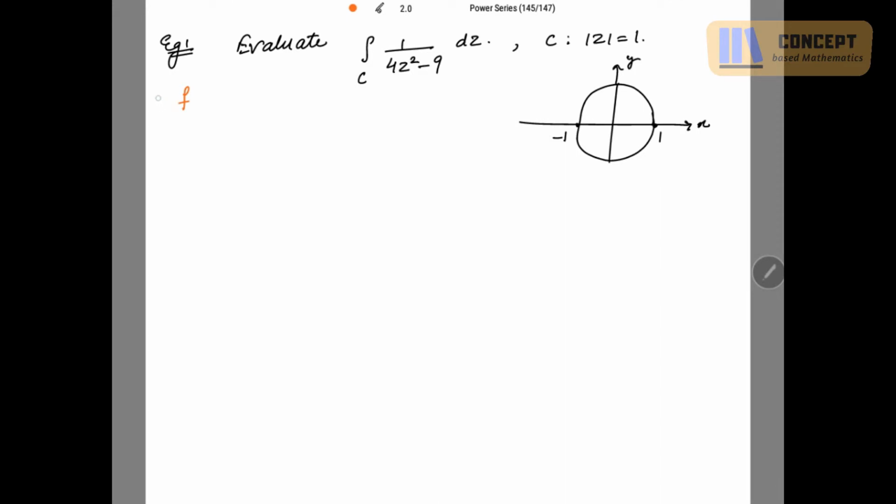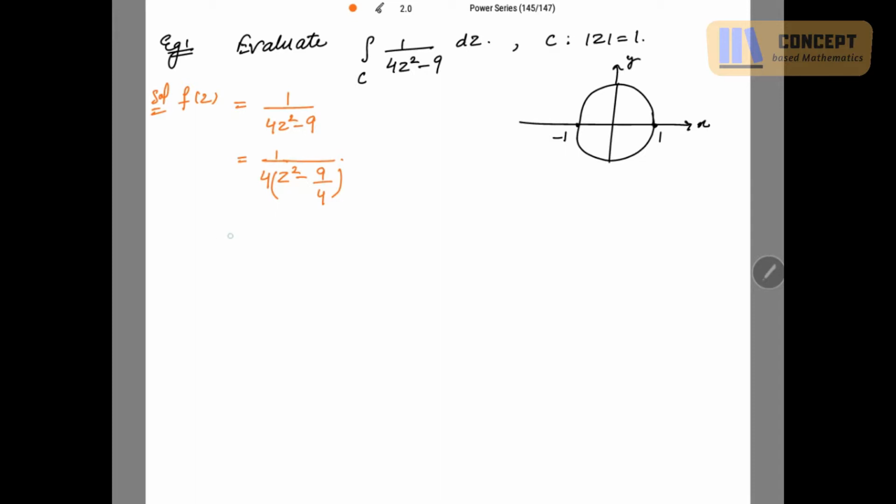Let's check whether the point z0 lies inside or not. Let f of z be equal to 1 over (4z squared minus 9). This is written as 1 by 4, times 1 over (z squared minus 9 by 4), where I am taking the 4 outside.